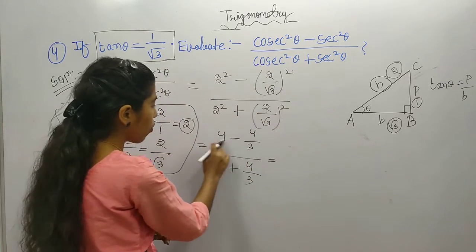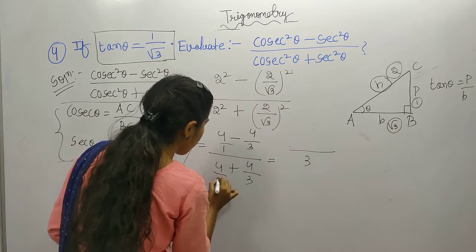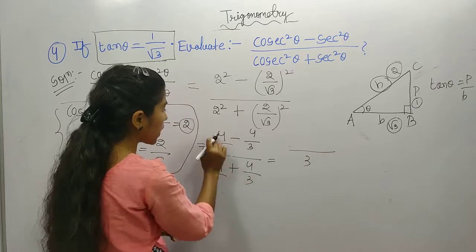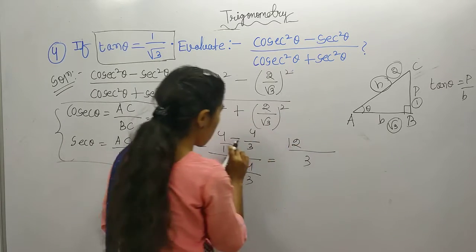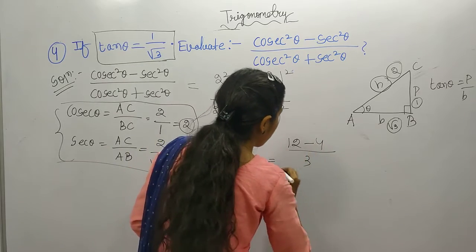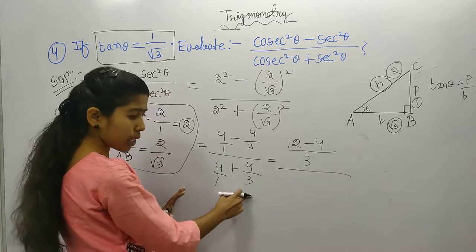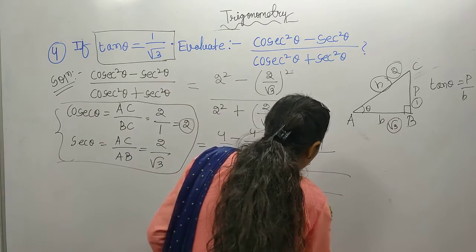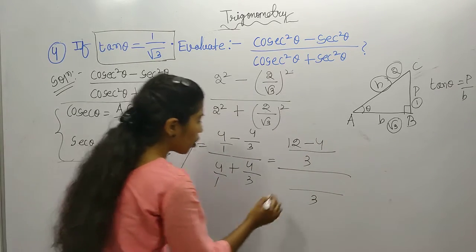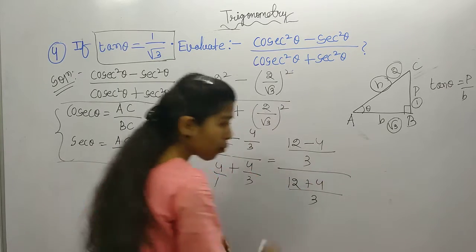So what will it become? 4 by 3. Here the LCM will be 3 first. Here nothing is there, means 1. So 1 into 3 is 3, 3 into 4 is 12, minus 4. Then in the denominator, LCM will be 3: 3 into 4 is 12 plus 4.